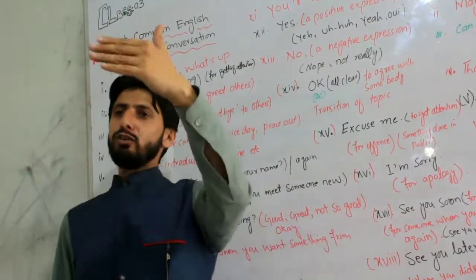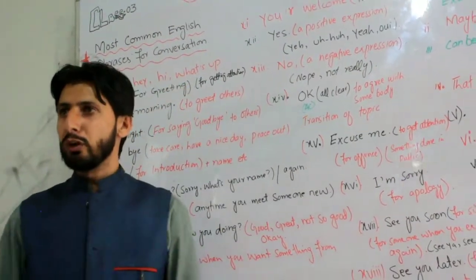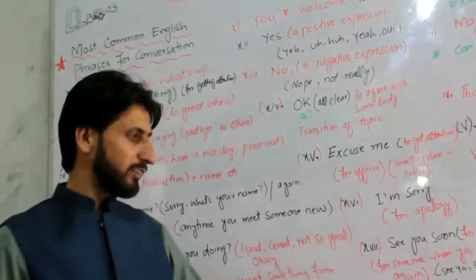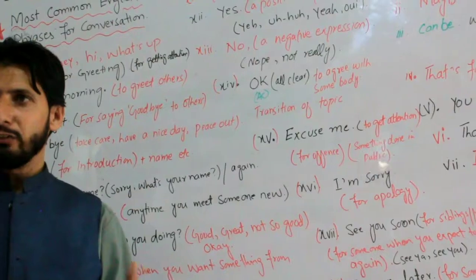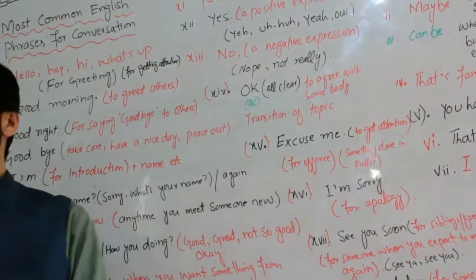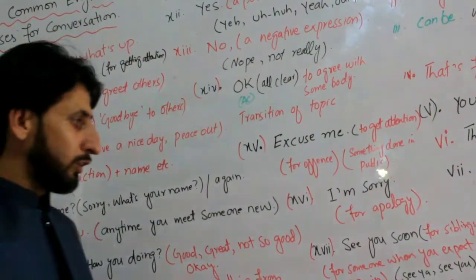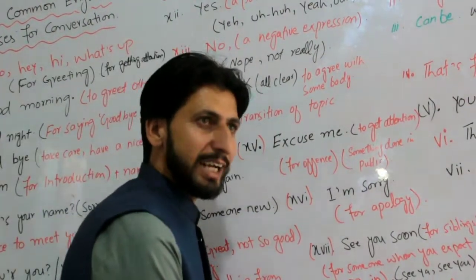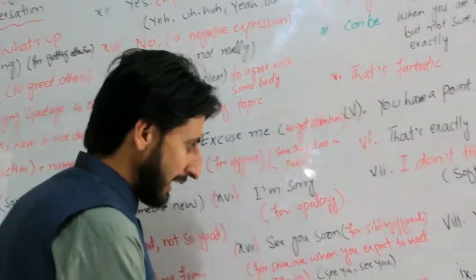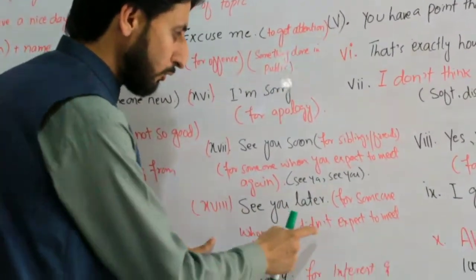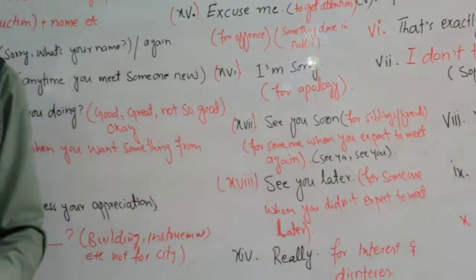But when you are saying goodbye to your brother, you cannot use see you later. When you are seeing off your friend, when you are saying goodbye to your siblings, to your friends, you cannot use this phrase, see you later. This is the opposite of see you soon. See you later is used for someone whom you don't expect to meet later or in the future.